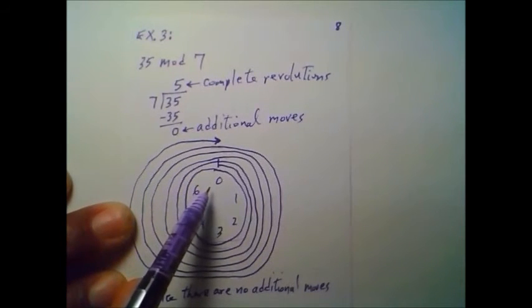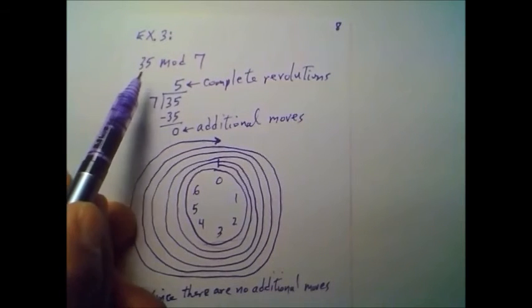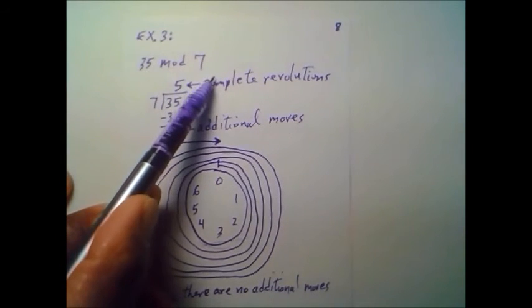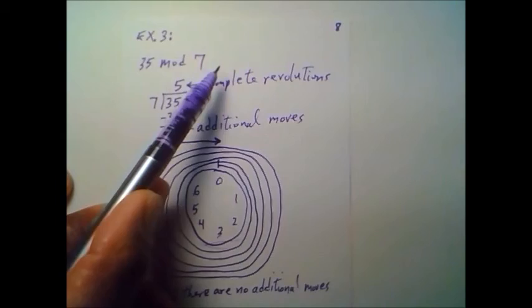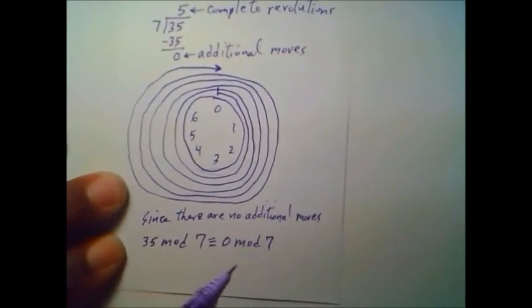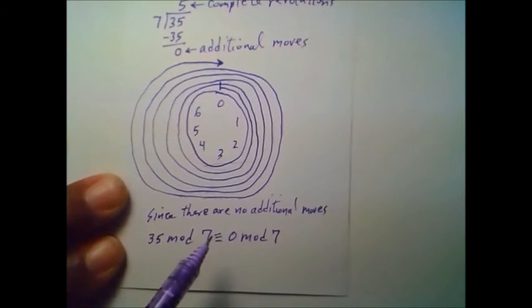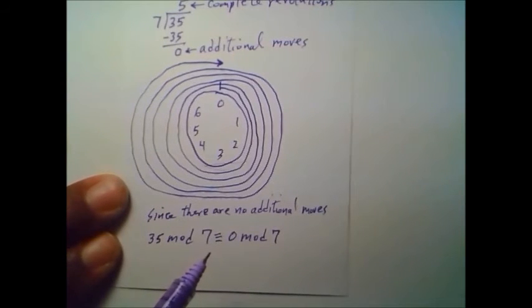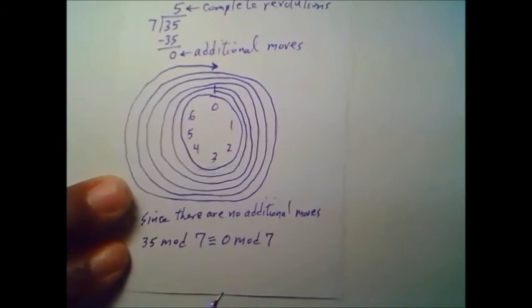And I ended up back at 0. So the answer, once again, is where you end up. So you can see here that I ended up at 0. So that means my answer would be 0. Which means, class, that 35 mod 7 is identical to or congruent to 0 mod 7.